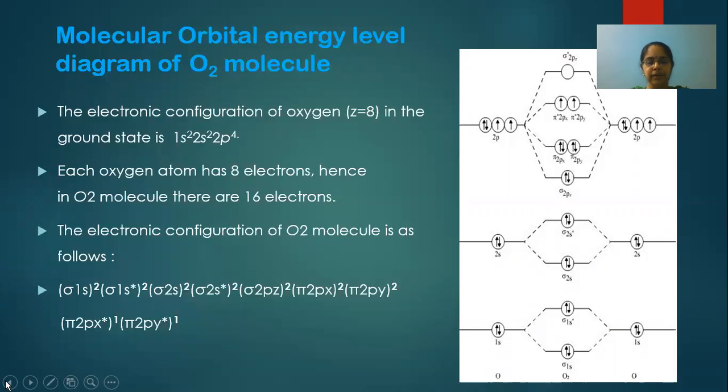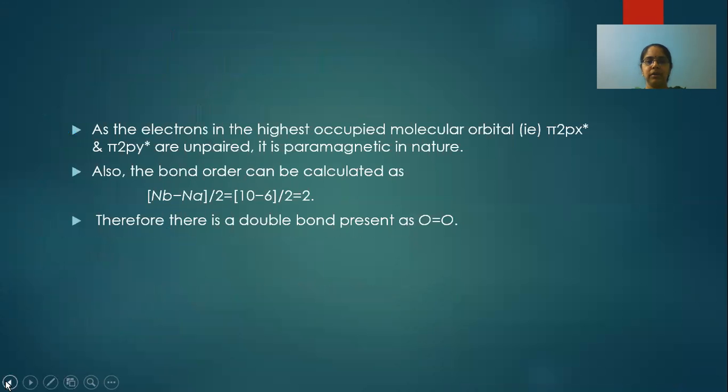Now let us calculate the bond order, that means how many bonds exist between two oxygen atoms in a molecule, and what its magnetic properties are. The bond order is calculated, as I explained in the previous lecture, as half into the number of electrons in the bonding molecular orbitals minus the number of electrons in the anti-bonding molecular orbitals.